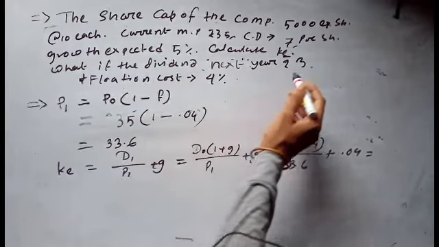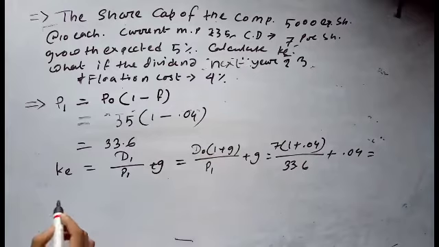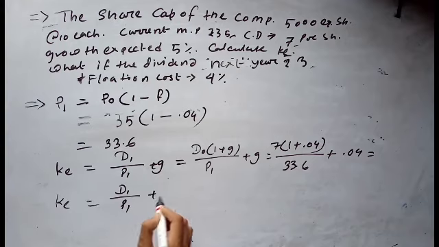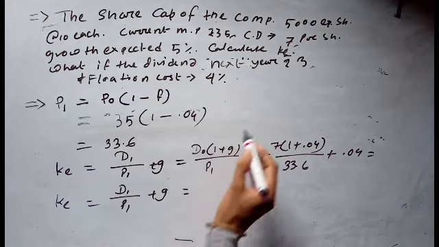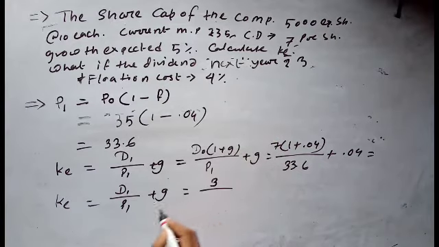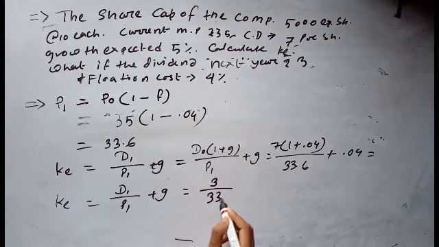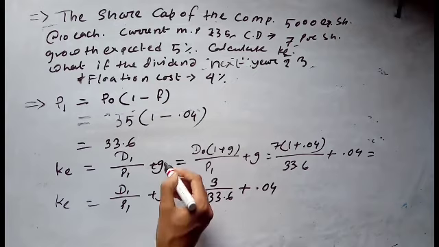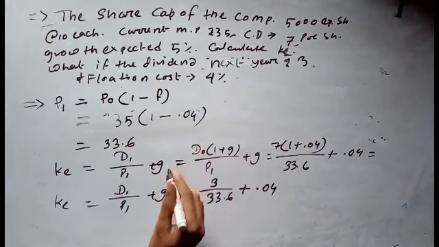And the next situation is if the dividend is 3 per share. Then KE will be D1 by P1 plus G, where D1 is given as 3 and P1 is 33.6 plus 0.04. Now there is a small mistake on my side.